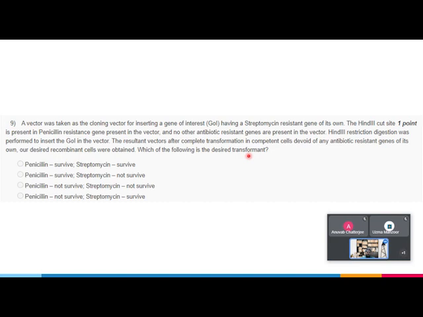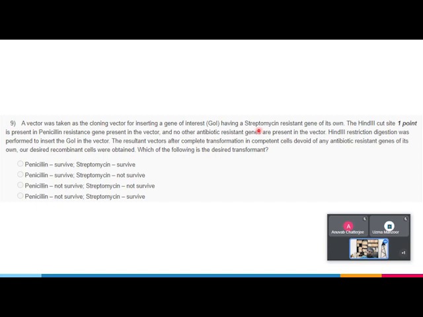So what happened is that, as we just saw, the vector is ordinarily cut with a restriction enzyme, and our insert is also cut with a restriction enzyme. What the case is here is that when we are going to cut the vector, there is only one antibiotic resistant gene present on the vector, which is the penicillin gene.